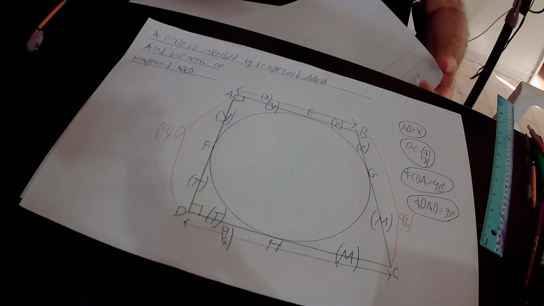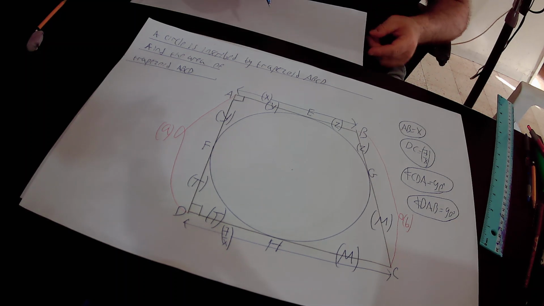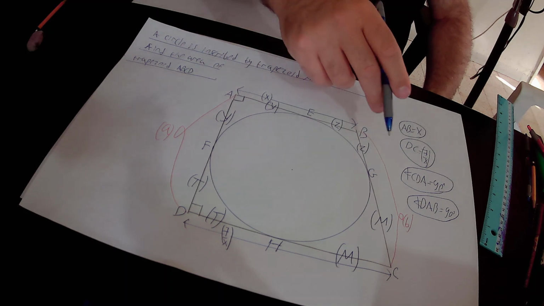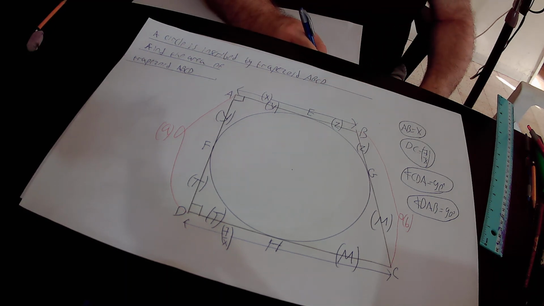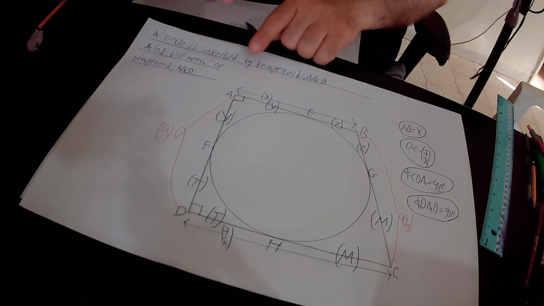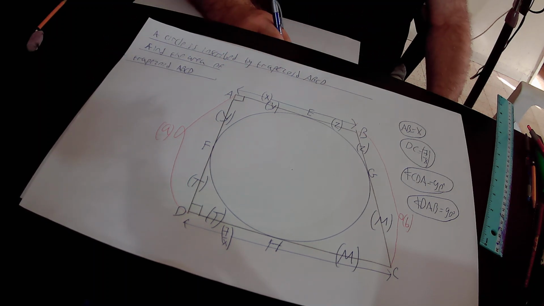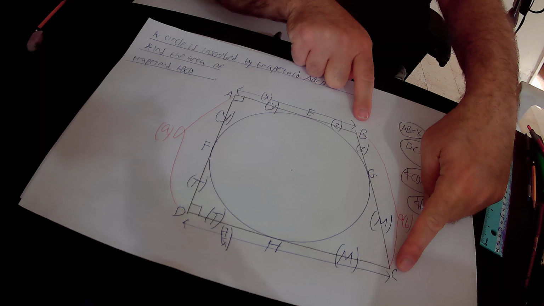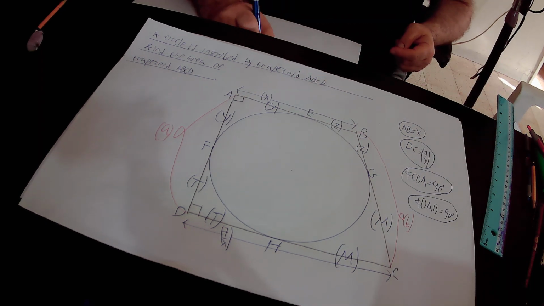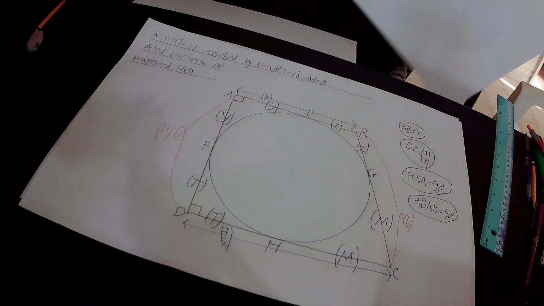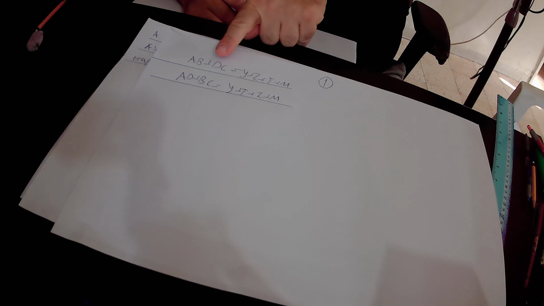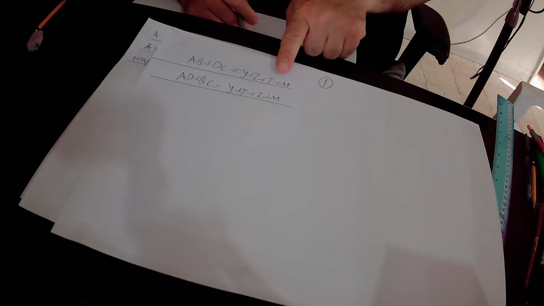What is the length of side AD plus side BC? Here AD equals y plus t, plus BC. BC equals z plus m. So we found out that AD plus BC equals y plus t plus z plus m.